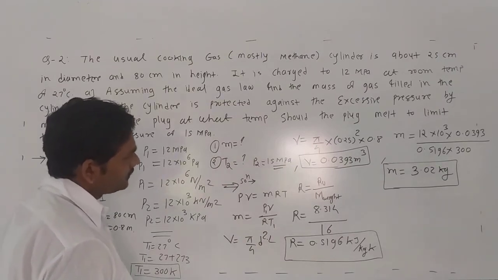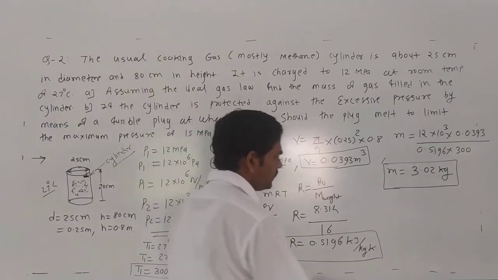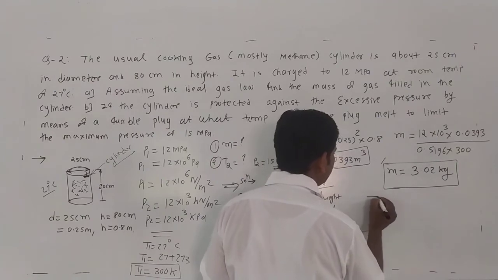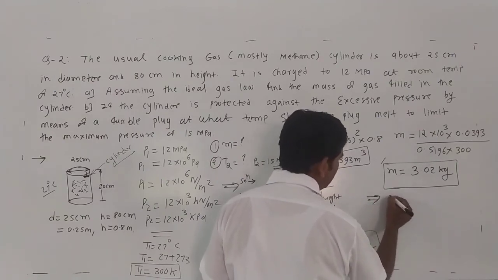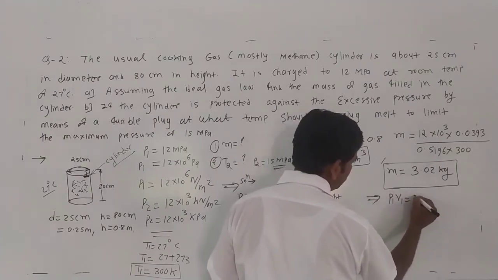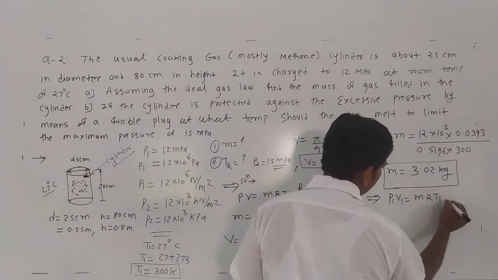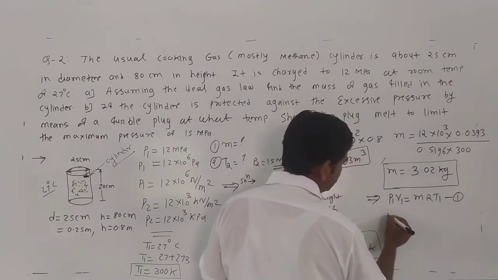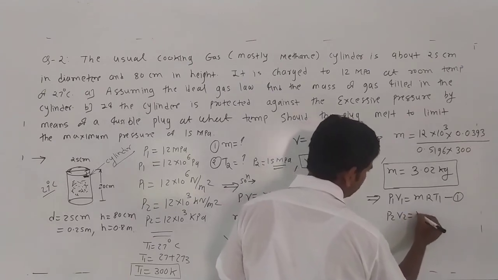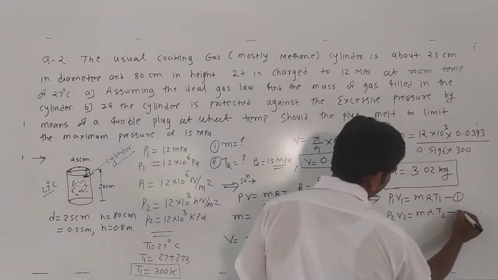Now we require the second parameter, T2. So how to determine T2? See here. By the ideal gas equation, first is P1 V1 is equal to mR T1, equation 1. Second is P2 V2 is equal to mR T2.